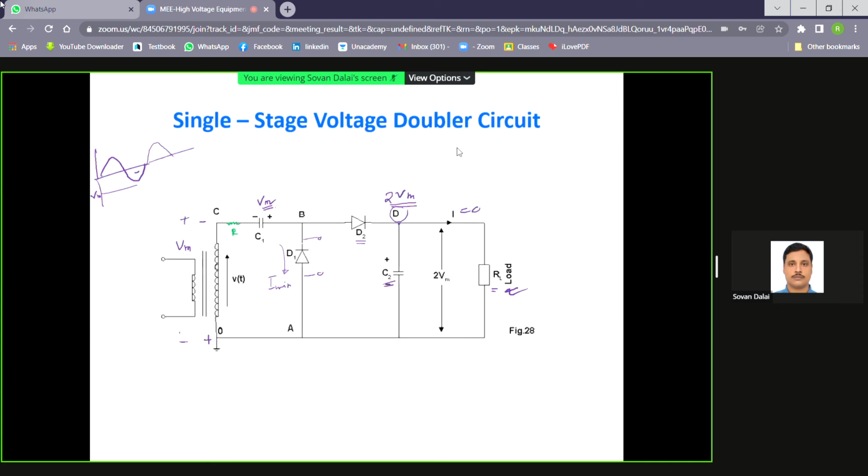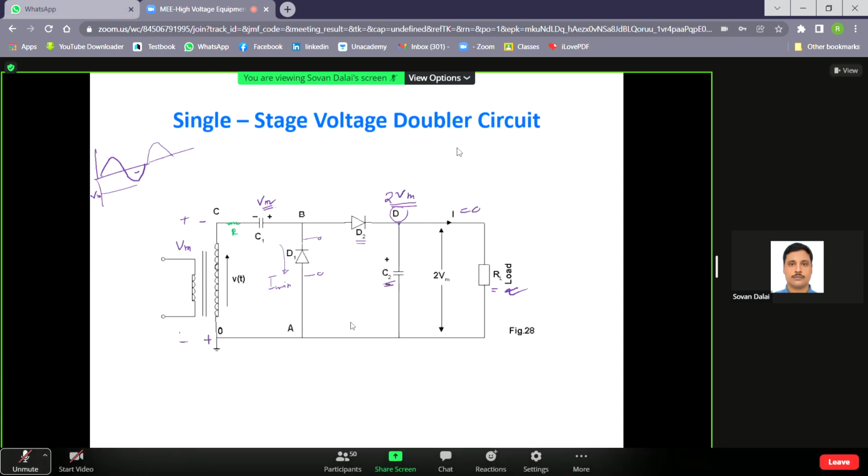And now the question is, what is the potential of B? B point এর potential কি হবে বলো? Without load D point potential twice Vm without load.